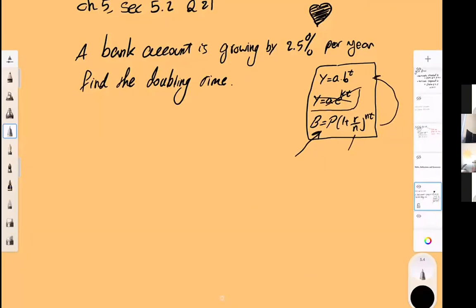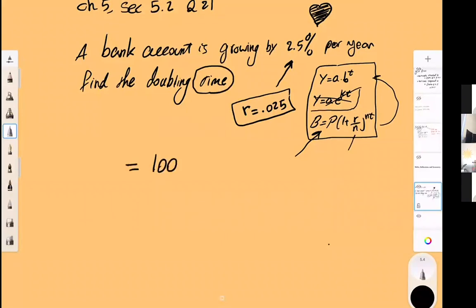The growing by 2.5% per year is our r, so r equal to 0.025. We are looking for doubling time: how long does it take? For example, if we have $100, it becomes $200 at 1 plus 0.025 to the power of t.